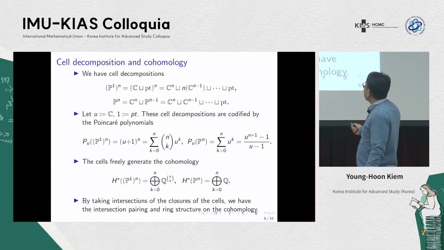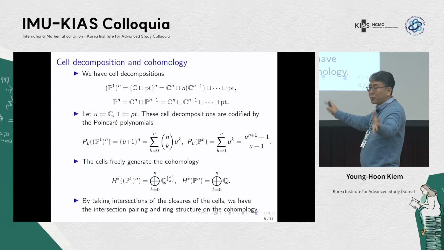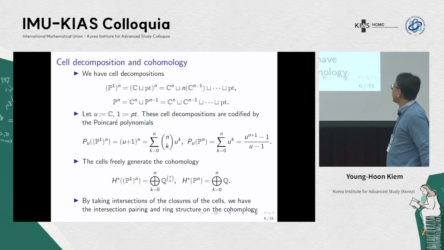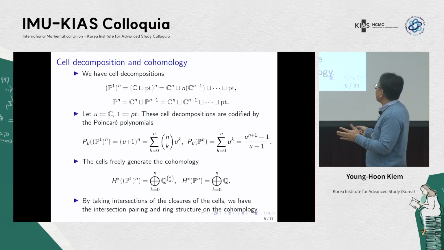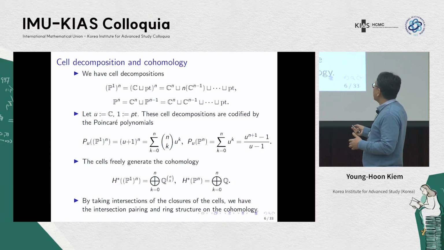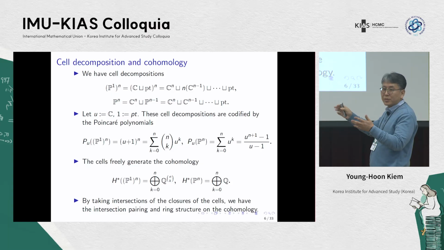If you expand it, then there is one big open cell of dimension n, and then there are n copies of n minus one dimensional cells, and so on. And there is finally one point here. Likewise, in Pn, we've seen that there is a big open subset Cn, and then the complement is n minus one dimensional projective space.